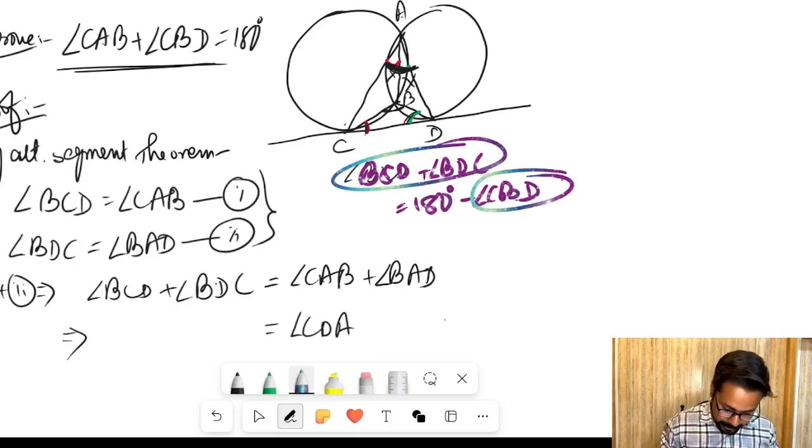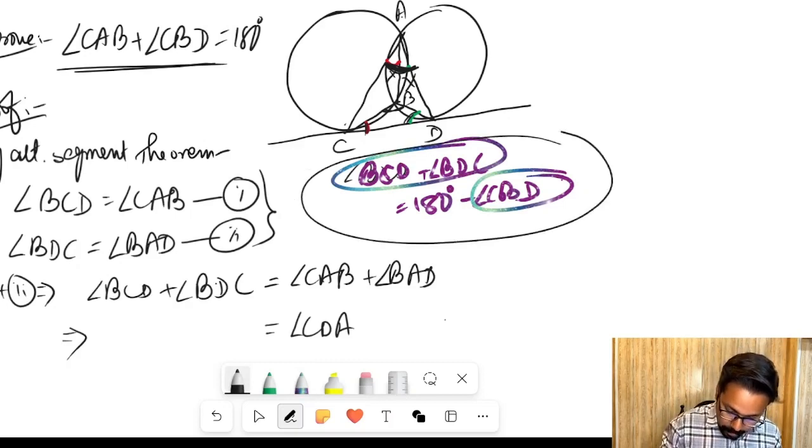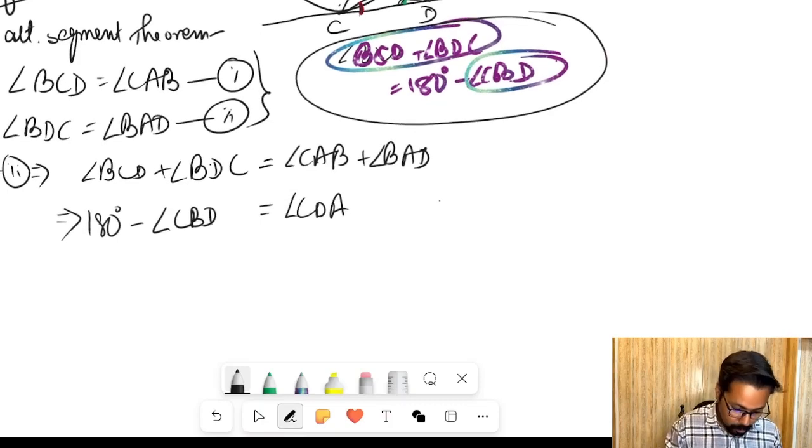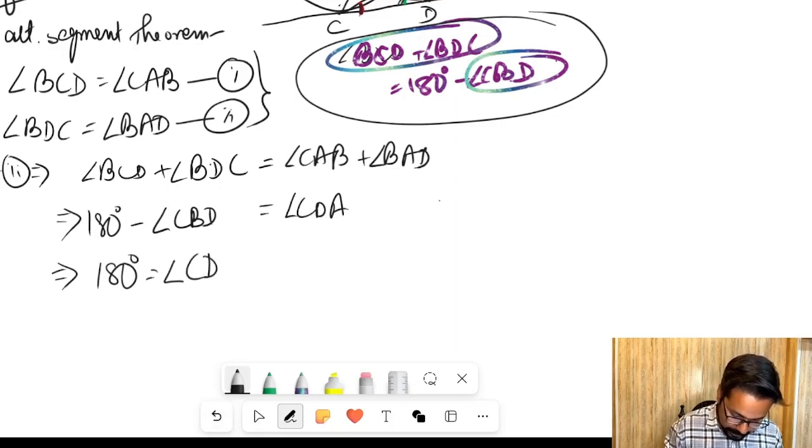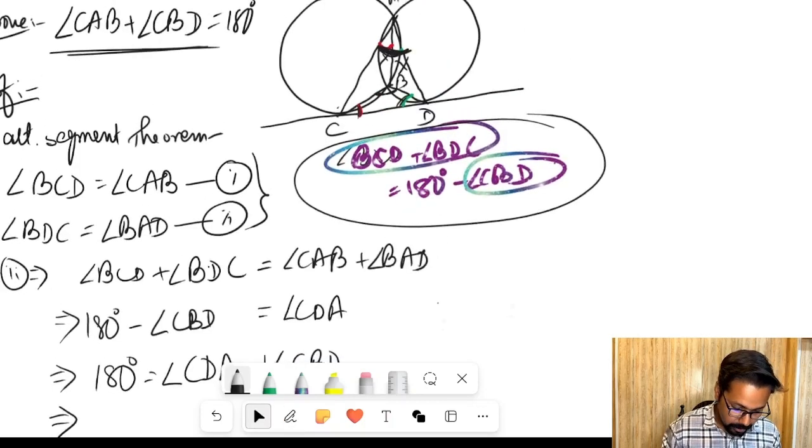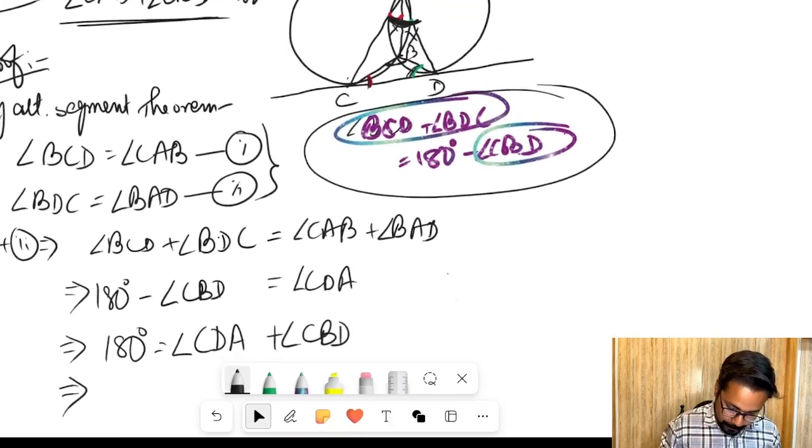Then in place of BCD plus BDC, I can write 180 degrees minus angle CBD. Now I just need to make one single side change and I will get the proof. 180 degrees is equal to angle CAD plus angle CBD.